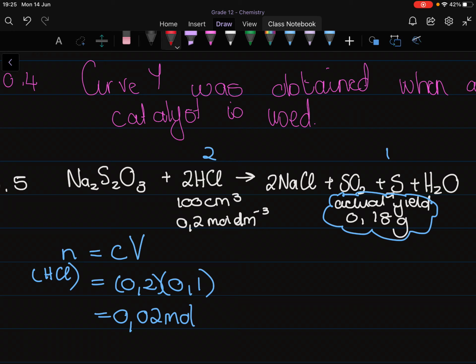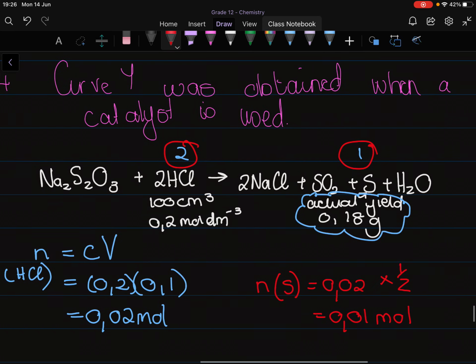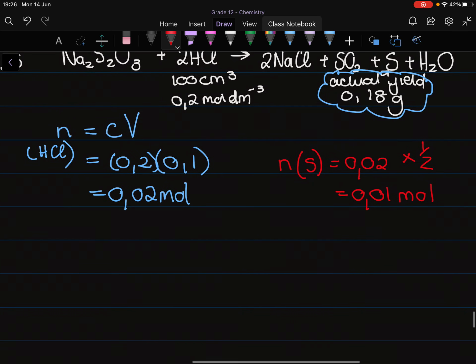I've now got to take that. Using the mole ratio, I need to know the number of moles of sulfur. So the number of moles of sulfur is 0.02 times, sulfur is what I want, HCl is what I've got, so it times by 1/2. That's how much sulfur I'm going to have created.